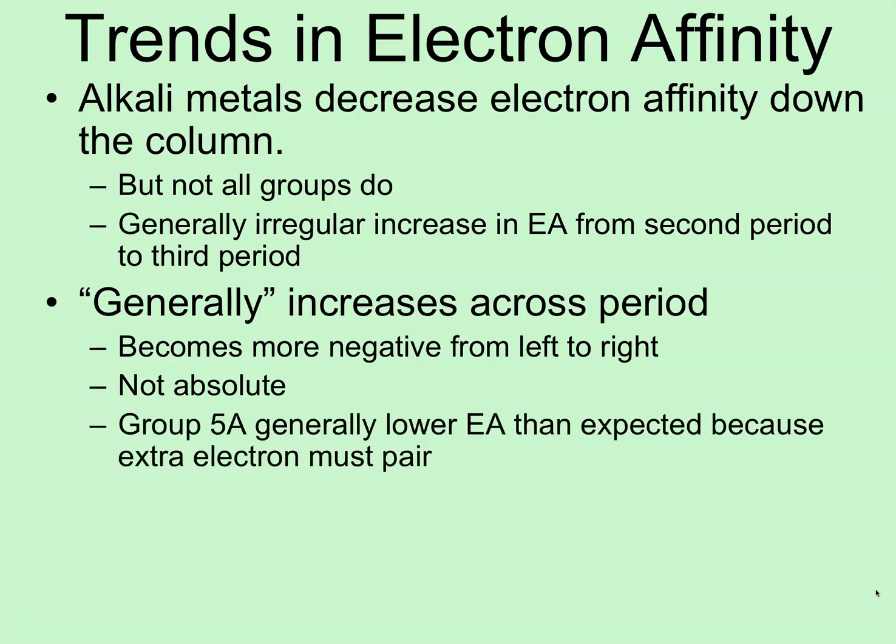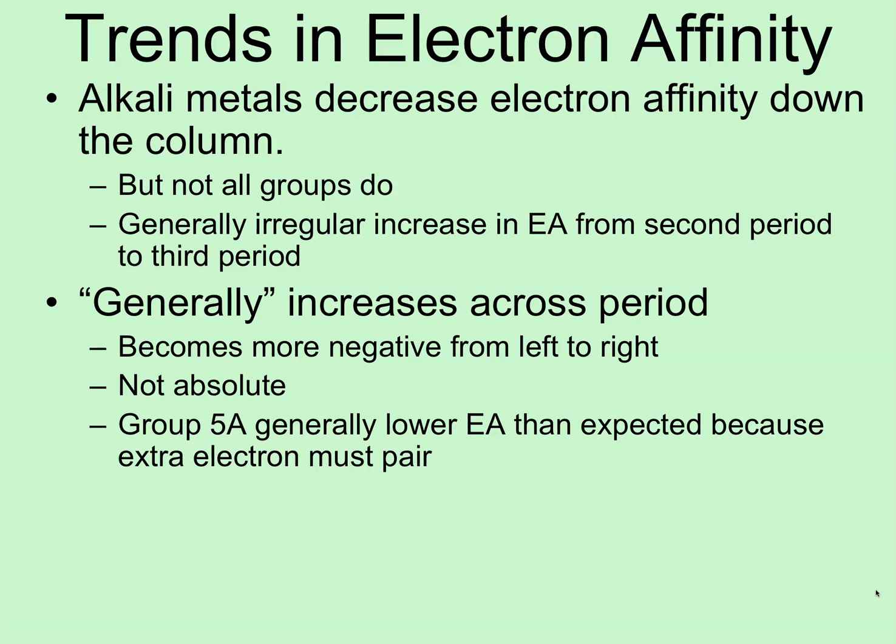Group 5A, generally lower electron affinity than expected, because we have that extra electron pair type of repulsion. Think about 5A, that's the nitrogen column.